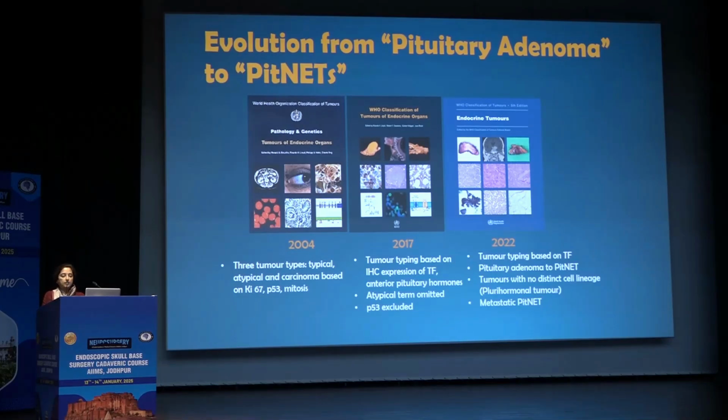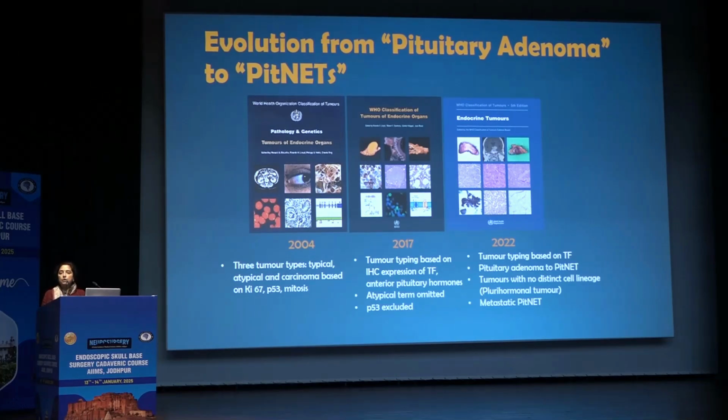the proliferation markers. Then in 2017, this typing was shifted, and it was based on the immunohistochemical expression of transcription factors and the anterior pituitary hormones. As a result, the term atypical pituitary adenoma was dropped, and P53 as a proliferation marker was removed.